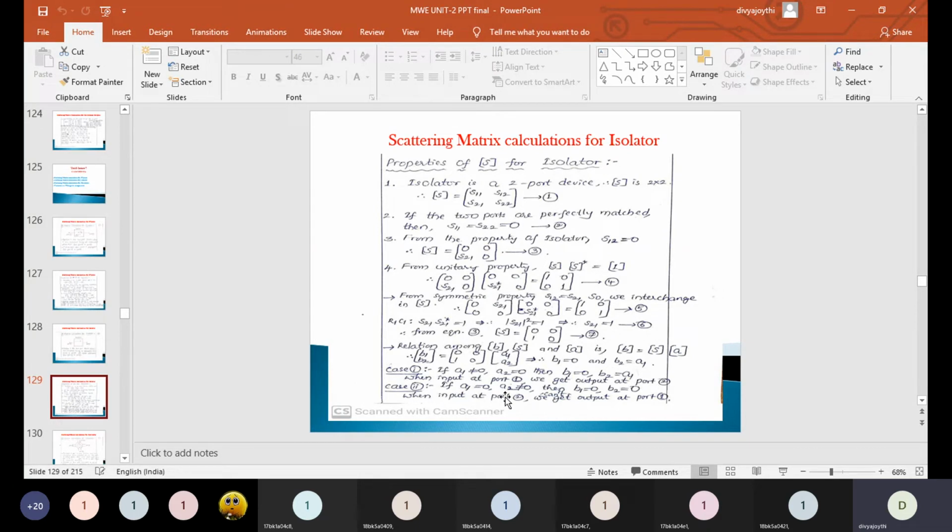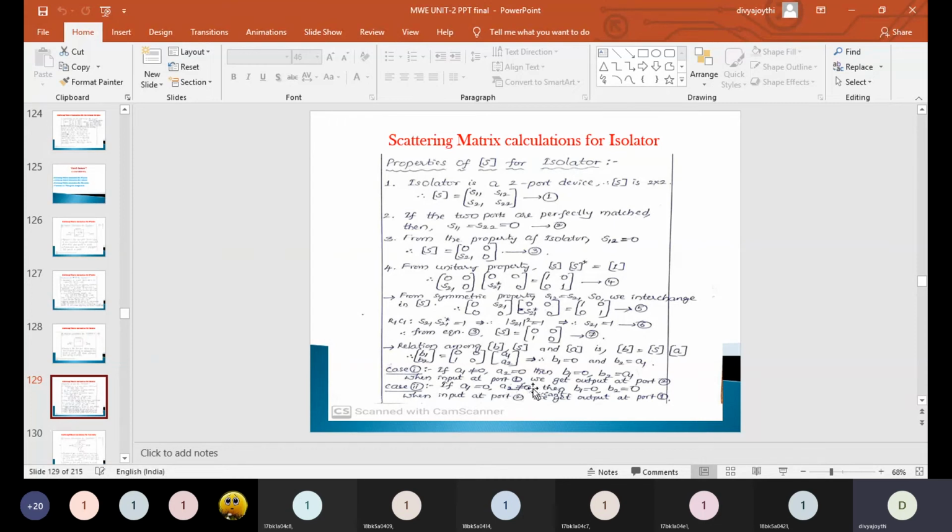And in the second case, you are providing your input to the second port. Whenever you provide input to the second port, port 1 will not receive the signal from port 2, because in between the isolator is going to produce the attenuation. Because of that reason, B1 will be 0 and B2 is going to be 0. So for the isolator, you need to conclude that from port 1 to port 2 only the isolator will transfer the wave, and from port 2 to port 1 it is not going to transfer the wave.